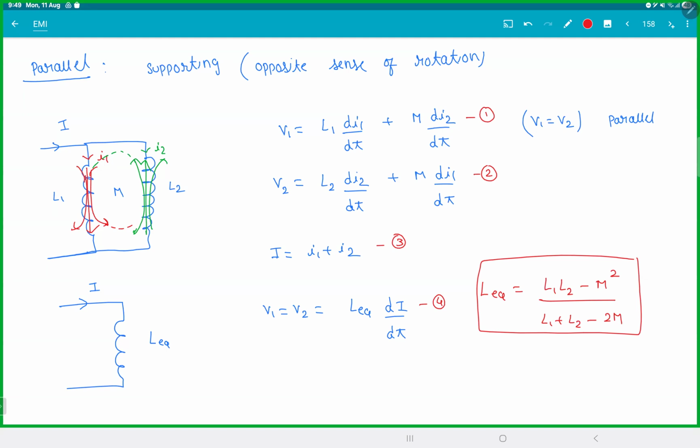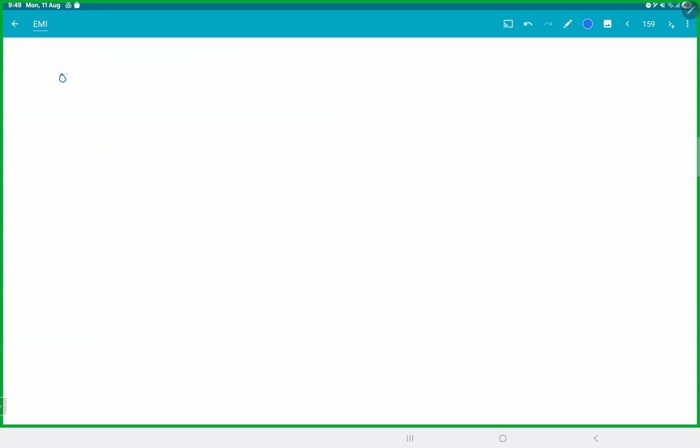You should take the other case, but are the 4 equations clear, everyone? The most important is how to write this single equation. It's not L dI by dt anymore. So if you take the opposing case, they'll be in the same sense of rotation.